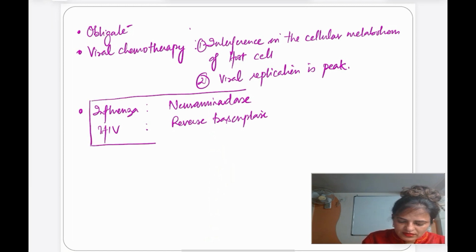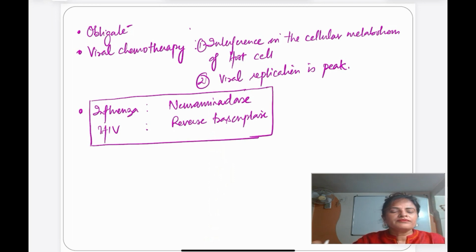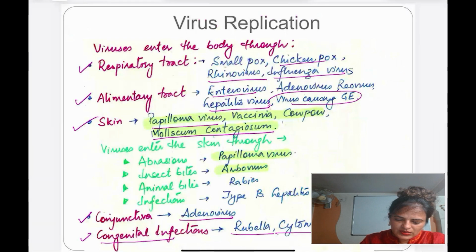So that means to make an antiviral drug effective, we have to find a target which hits the virus without affecting the host cell. Now the next is how this virus multiplies. Let's see how it multiplies, and then we'll see what the important checkpoints are where we can hit this virus.